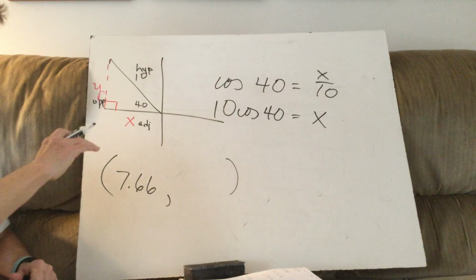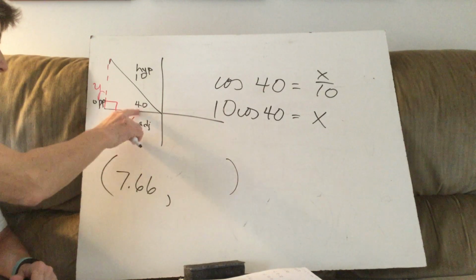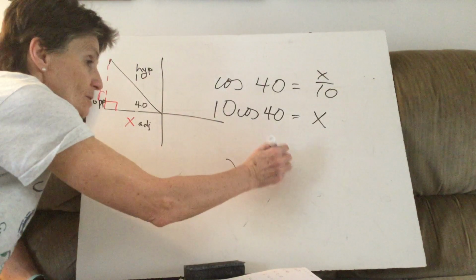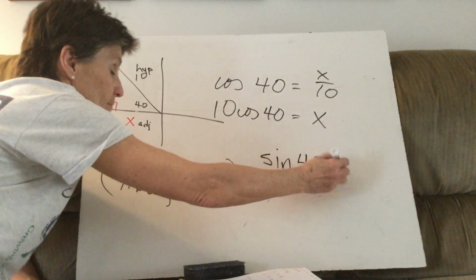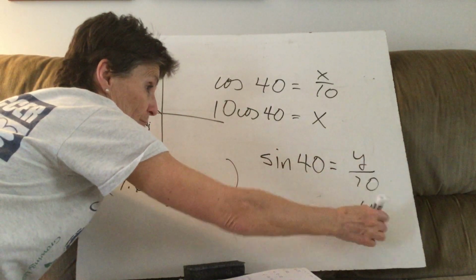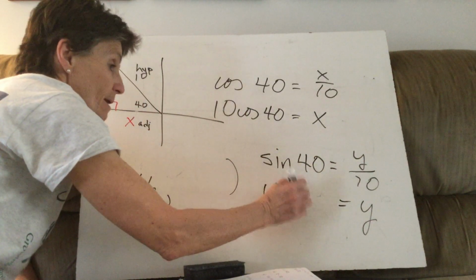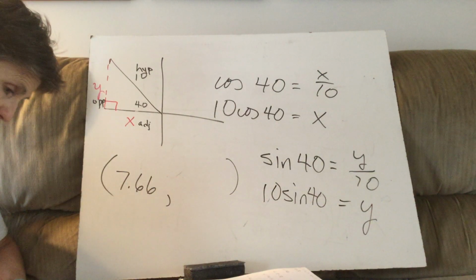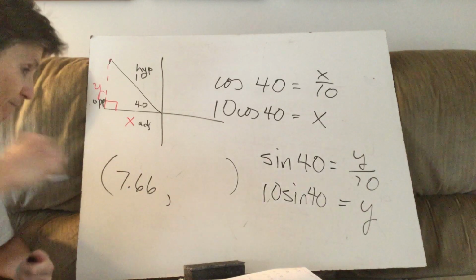And then we'll do the same thing for y, only we won't use cosine. We'll use sine because we want the opposite one. So sine 40 equals y over 10. So y equals 10 sine 40, which is 6.43.